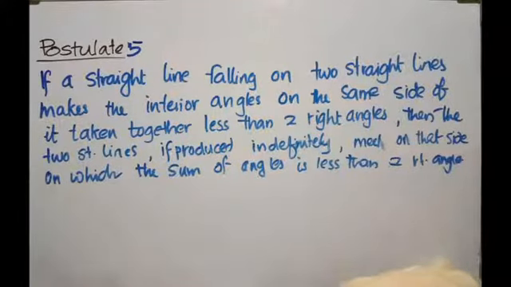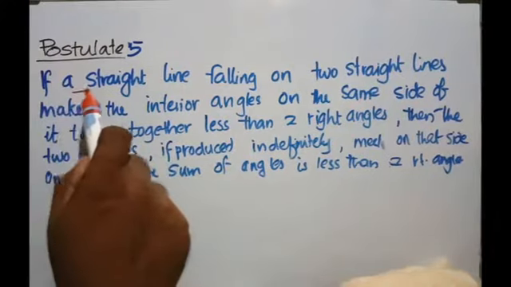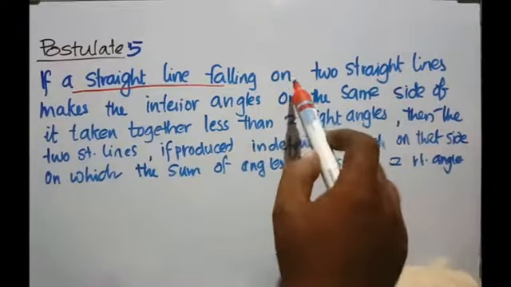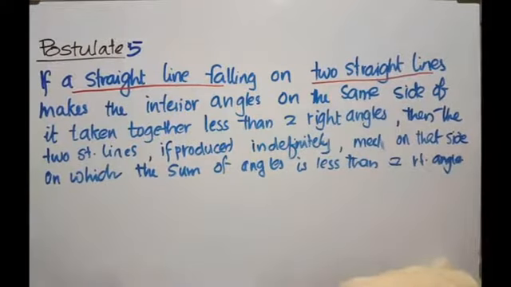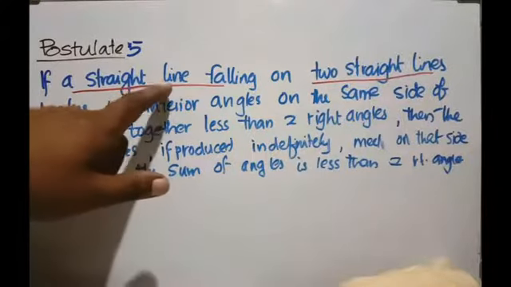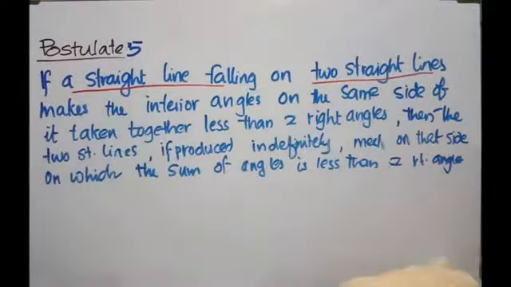Let's check from the first. If a straight line falls on two other straight lines, how many straight lines do we have in total? Yes, there are three straight lines. So this straight line falls on the other two straight lines.